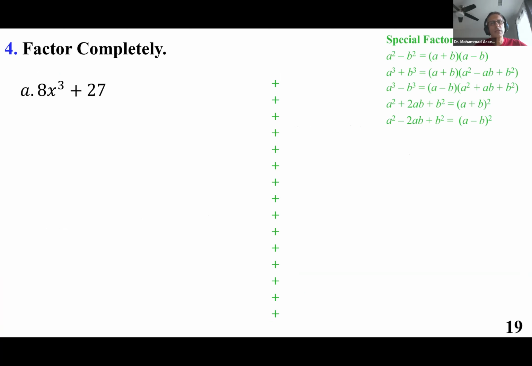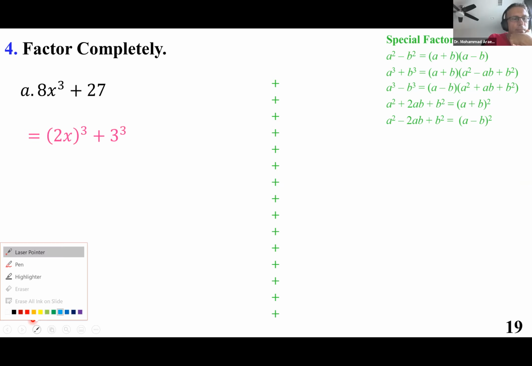8x cubed plus 27. This is one of those special factoring. I hope you remember this special factoring. Again, I repeated it at the top right so you can see that. Notice 8x cubed means 2x to the third power, and this means 3 to the third power, which means if I go to this one, this is my a, 2x, and number 3 is my b.